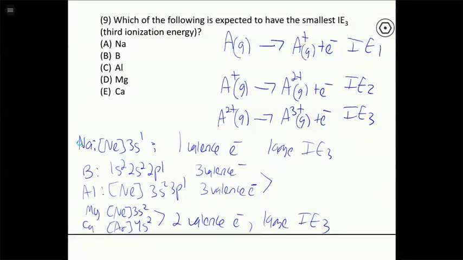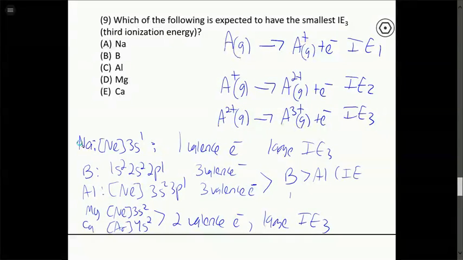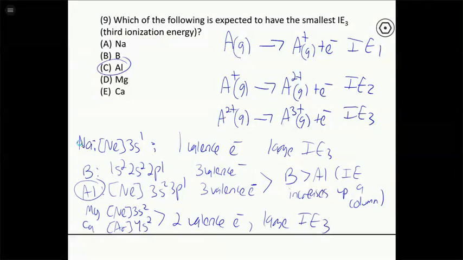So which of those two is the smallest? We expect that boron is going to be larger than aluminum because we're comparing the same ionization energy, and ionization energy increases as we move up. So the smallest one would be aluminum, because we're removing valence electrons, and it's going to be smaller than boron because it's lower on the periodic table.